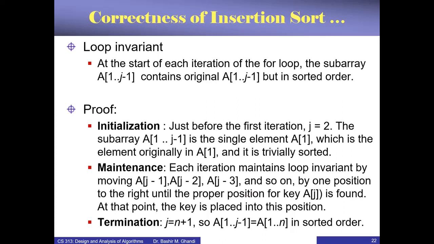So it is correct. This is basically how to prove that an algorithm is correct using a loop invariant. The difficult part is identifying the loop invariant itself. And usually the best way is, as we saw in that sequence of figures, we need to show how the algorithm works as the control variable varies.